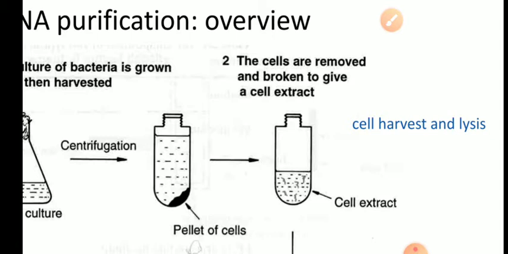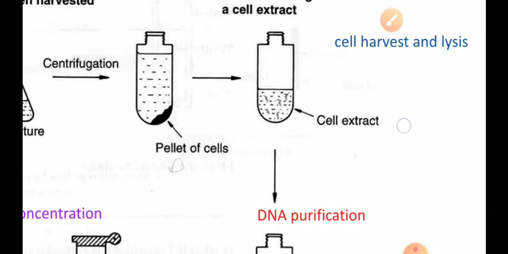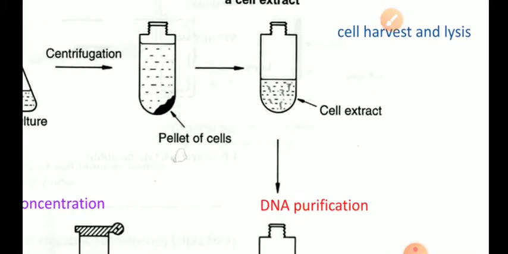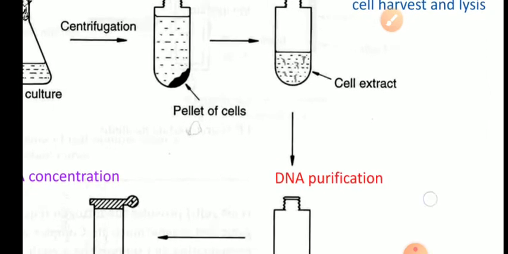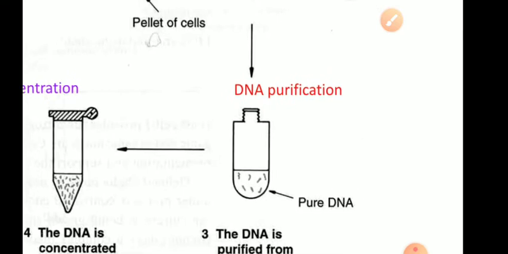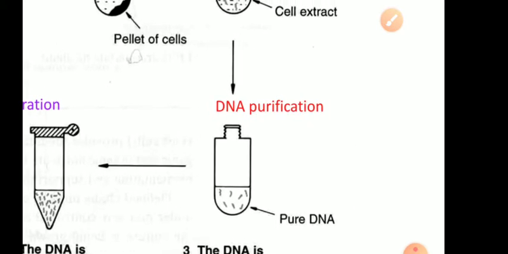So you need to break the cell wall and the cell membrane and take out the cellular constituents, which we call cell extract. After harvesting the cells, cell lysis is done by adding lysis buffer, and what you get is a cell extract. We also call it a cell lysate. In the cell lysate is present the DNA.